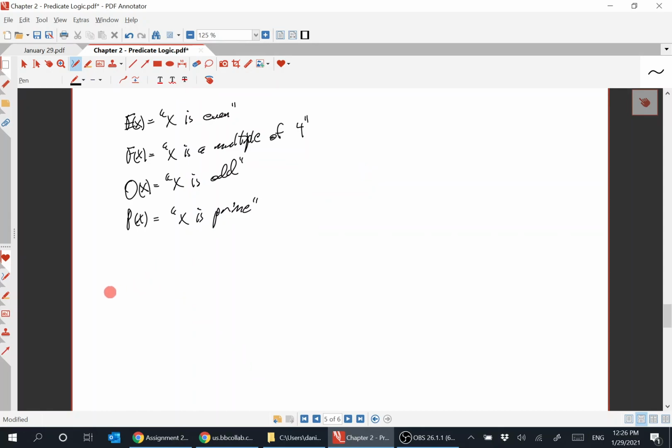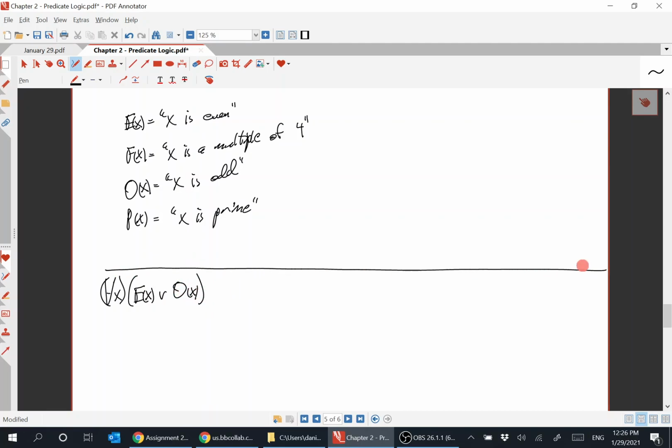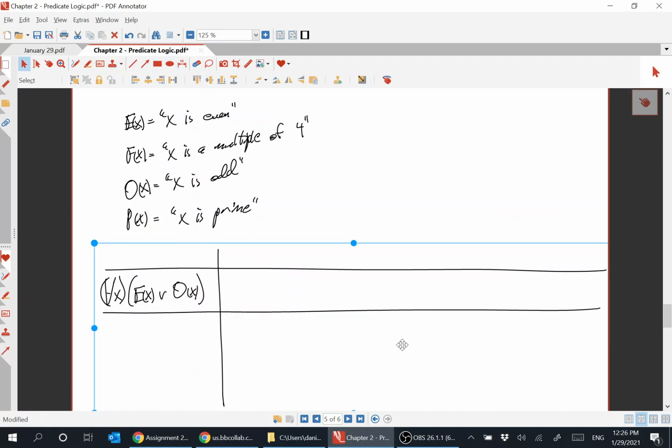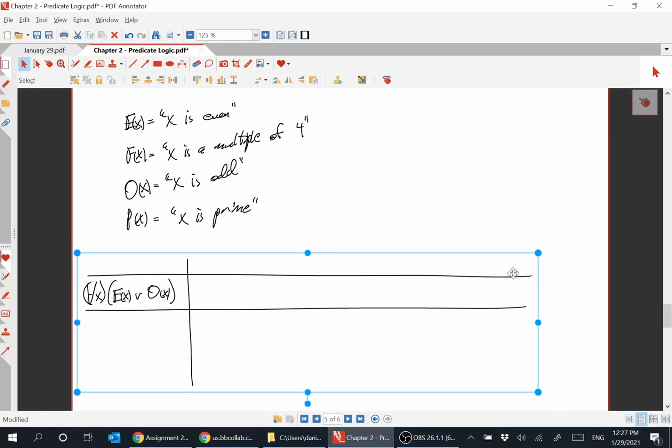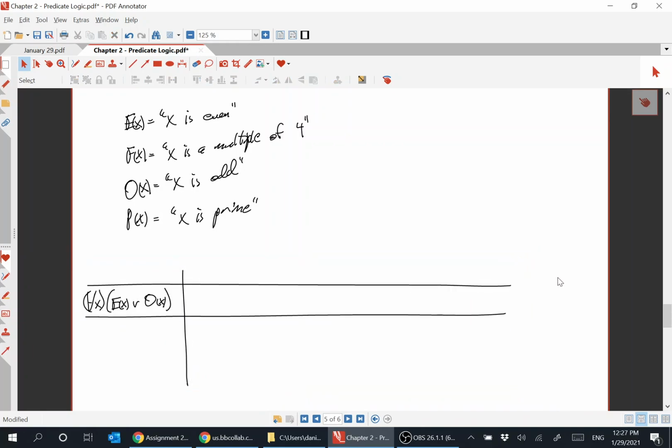So consider the following. For every x, Ex or Ox. And let's look at some domains. So we'll say the entire set of integers.